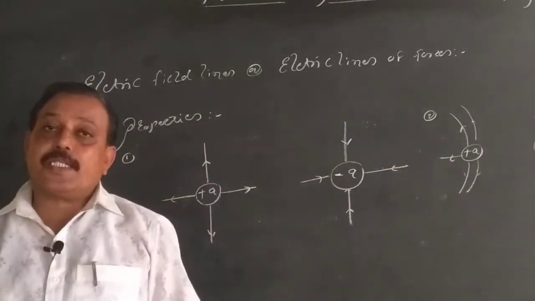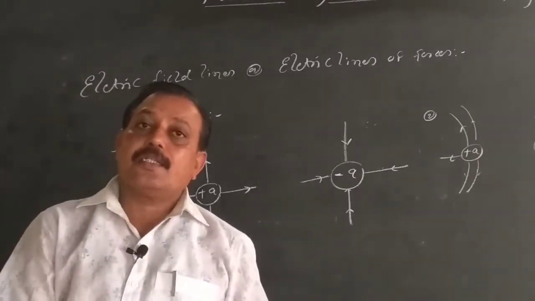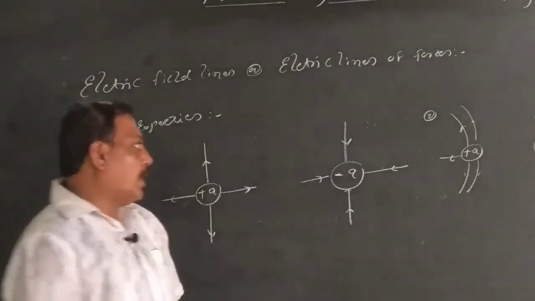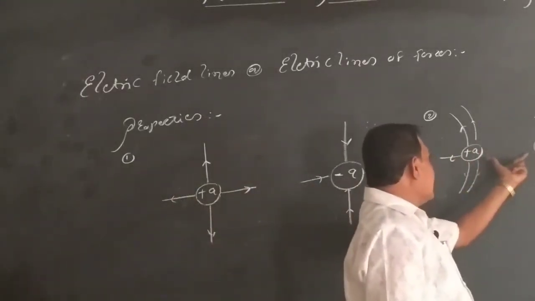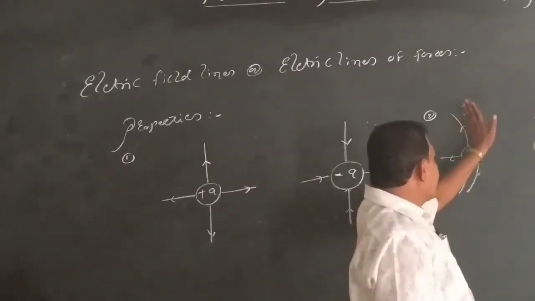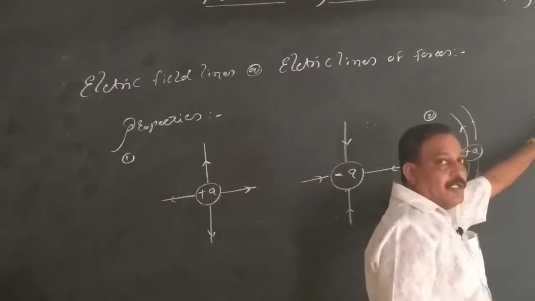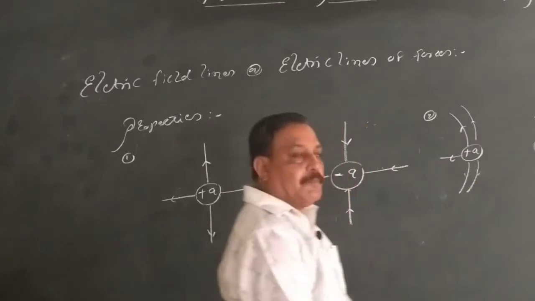On the basis of electric lines of forces, how do you define that? When I take two positive charges side by side, the electric lines of forces exert lateral pressure on each other, which represents that like charges repel.